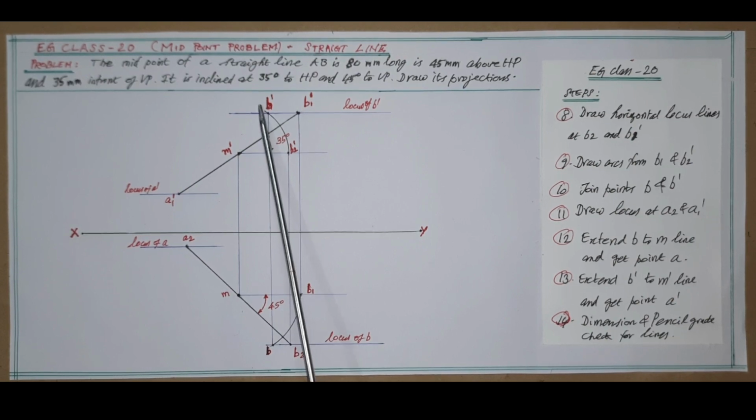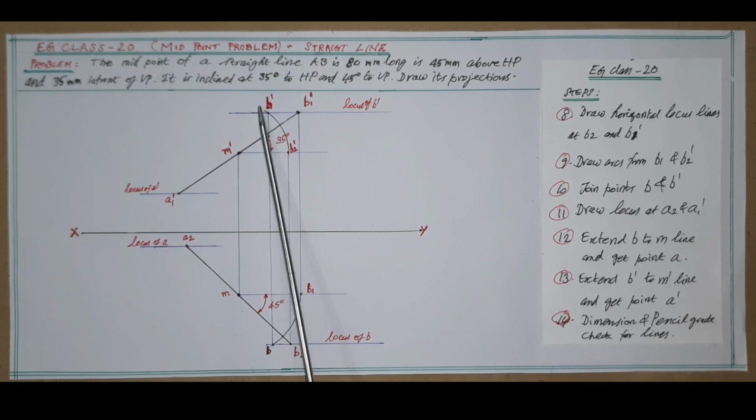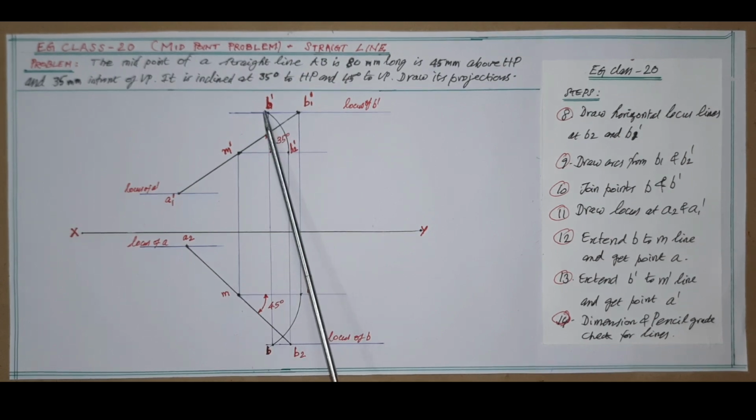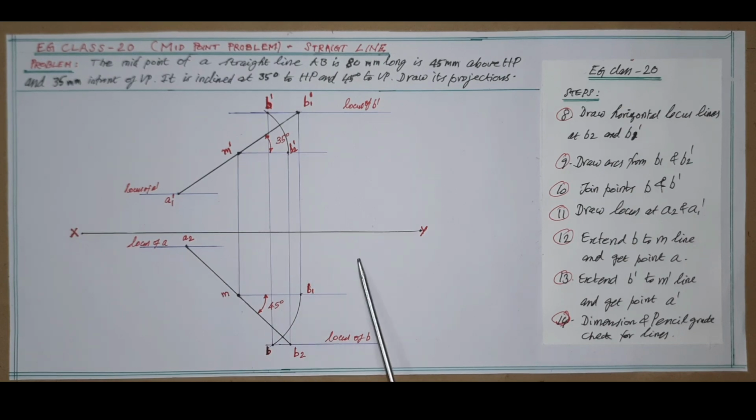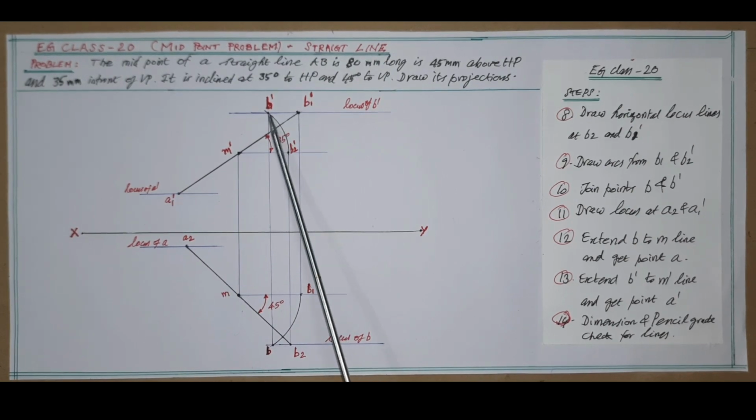Mark the point now as B dash. Next, as per step 10, join the points B and B dash, which should be a perpendicular straight line to XY. Now, one end of the final image of the line is obtained. Now, finding the other end of the line is simple.